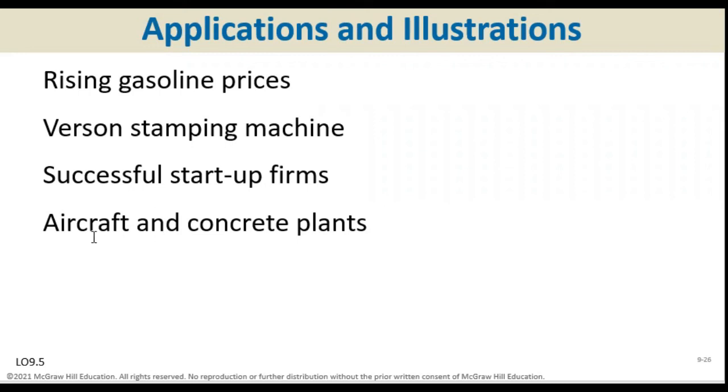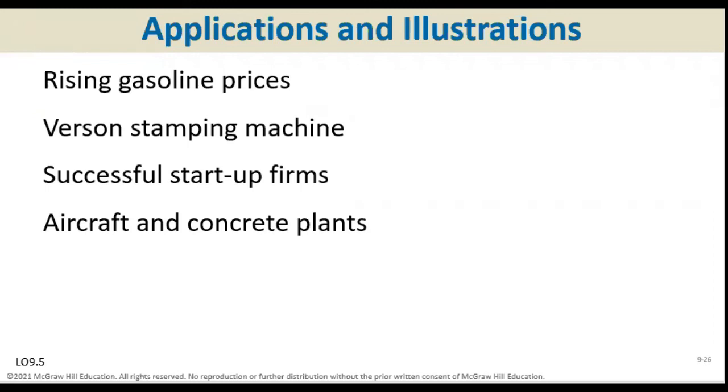We have also the example of aircraft and concrete plants, for instance, where commercial aircraft require large scale production, which easily achieves economy of scale and requires only a few production plants.